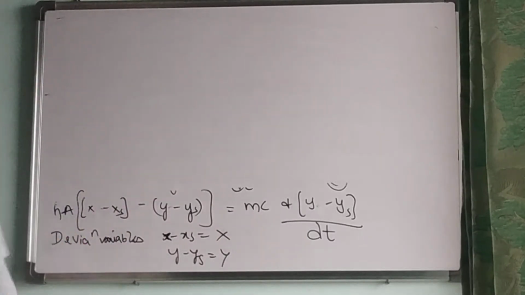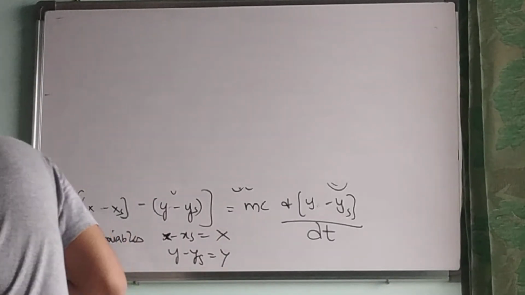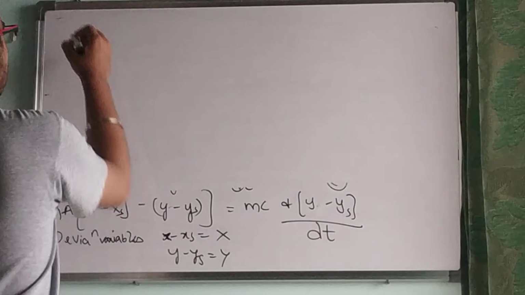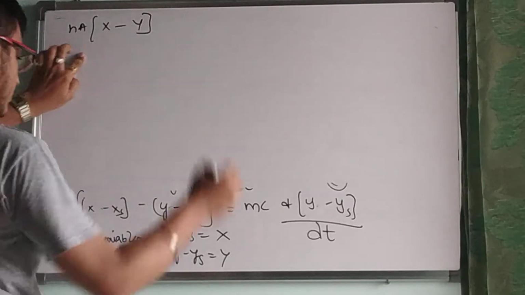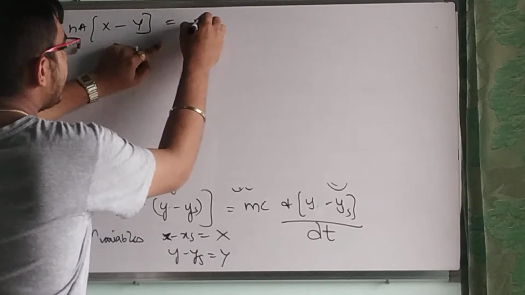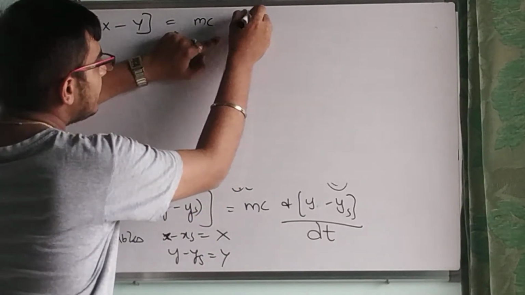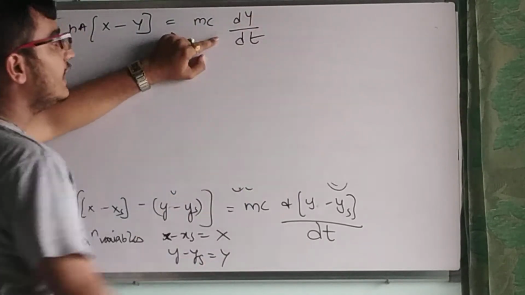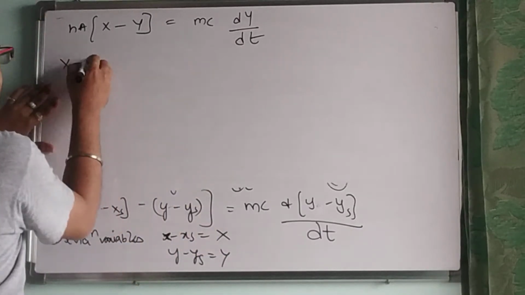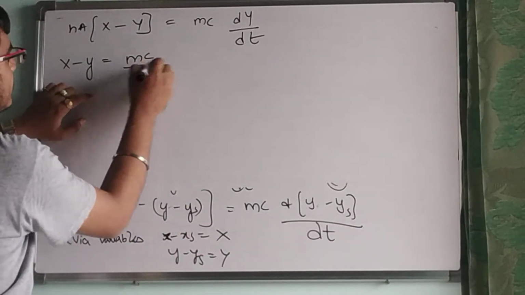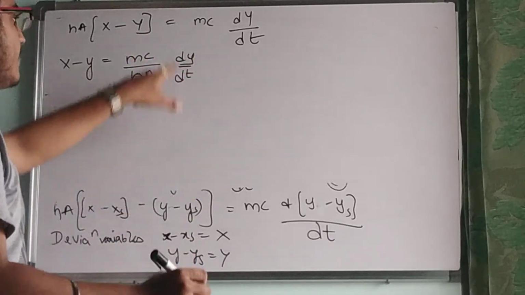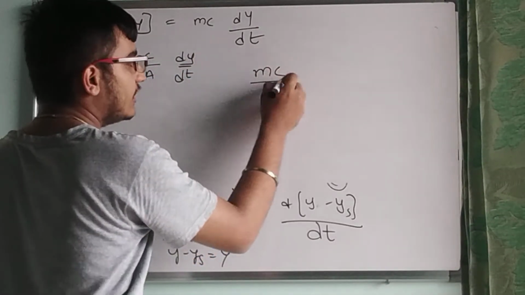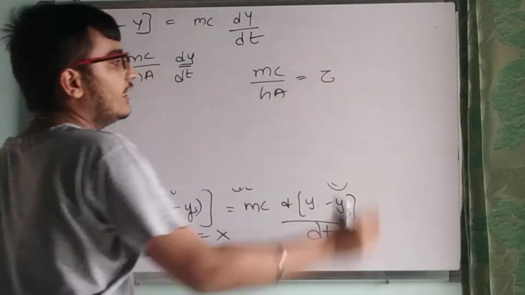So now this equation becomes HA into X minus Y is equal to M into C into dY by dt, right? So you take X minus Y is equal to MC by HA into dY by dt. This MC by HA is taken as tau.